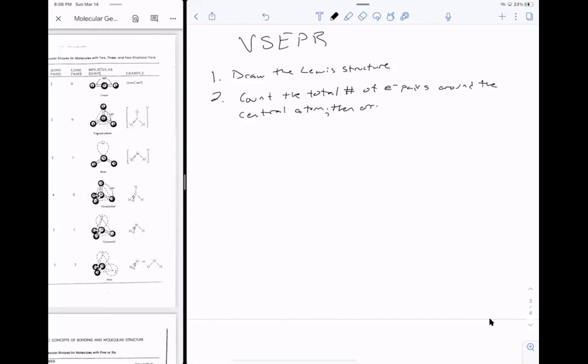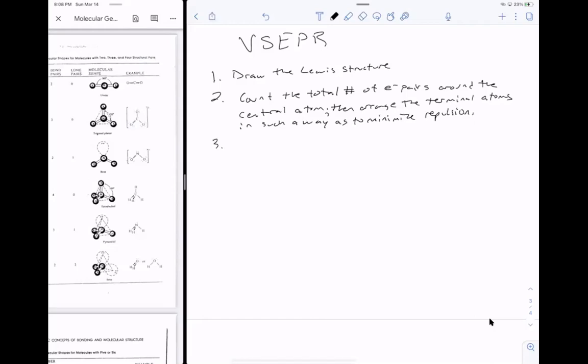Then arrange the terminal atoms in such a way as to minimize repulsion.